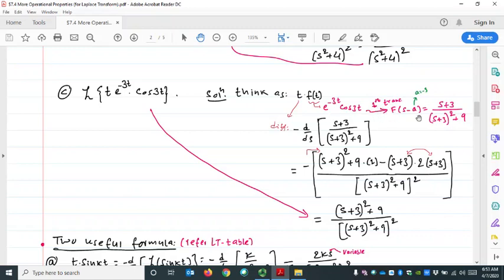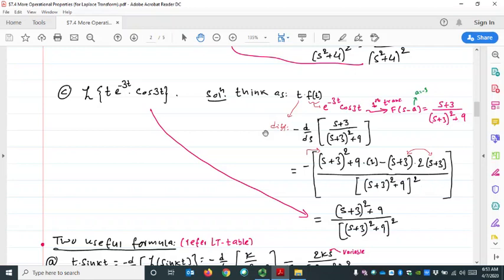The Laplace transform of cosine 3t is s over s squared plus 9. Then we're multiplying by e to the power negative 3t, so that means we need to shift by negative 3, where a is negative 3 here. This equals s plus 3 over (s plus 3) squared plus 9.